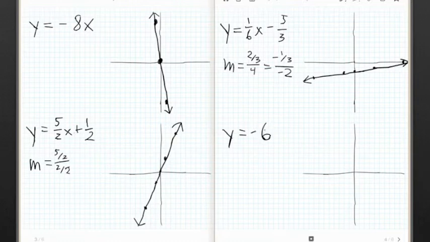So let's go to our horizontal line. y equals -6. This is very easy. If y is always -6, we find where y is -6 right here, and it's a straight across horizontal line. y is always -6.